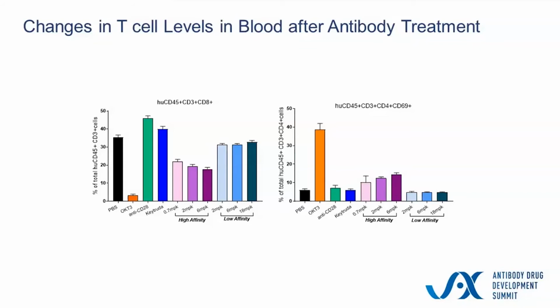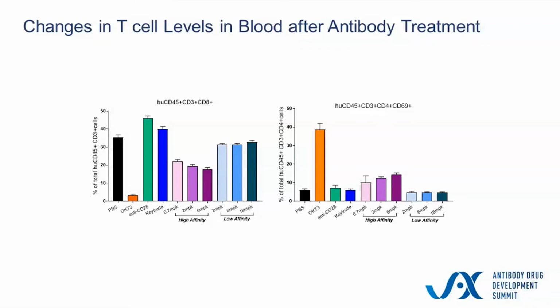Anti-CD28 or Keytruda don't really affect that population, but with the high affinity BCMA CD3 in pink to purple, you see a dose response when it comes to loss in the cell population. And you don't see any significant loss with the low affinity antibody.